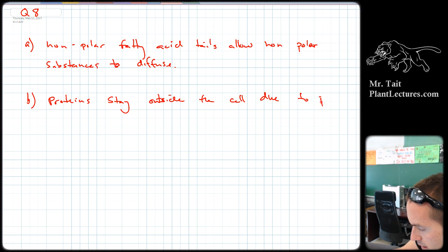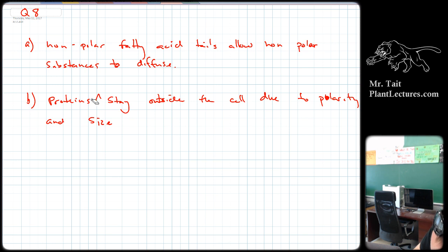Due to polarity and size. Actually, we should probably say protein antibodies. So protein antibodies stay outside the cell due to polarity and size.